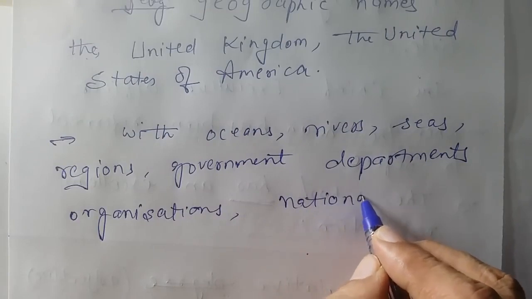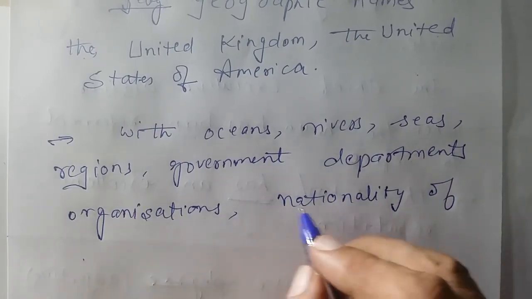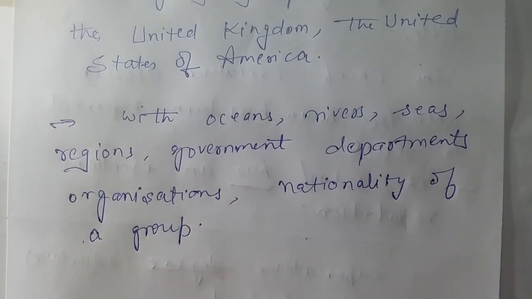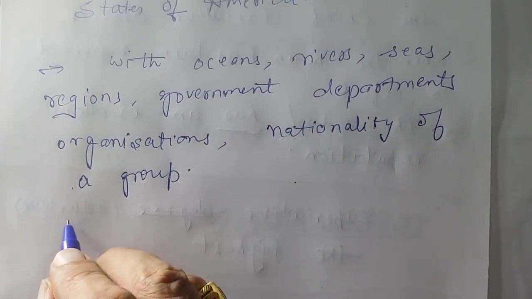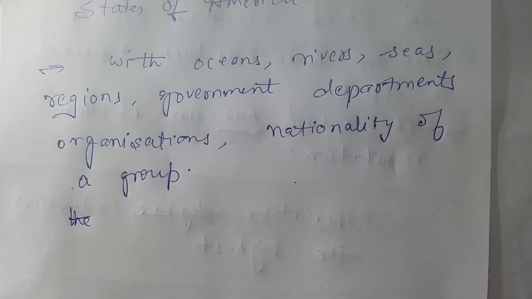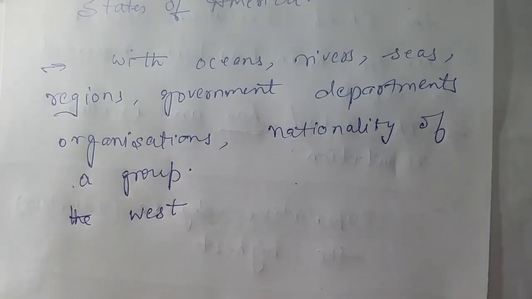Nationality of a group. First of all, oceans, rivers, you know, right? I'll give you the example of directions also sometimes when they are representing regions only. The west, right? I am using nationality of a group also, right?